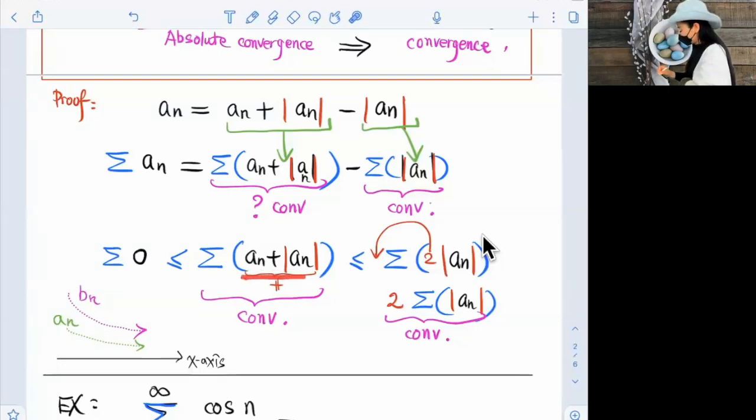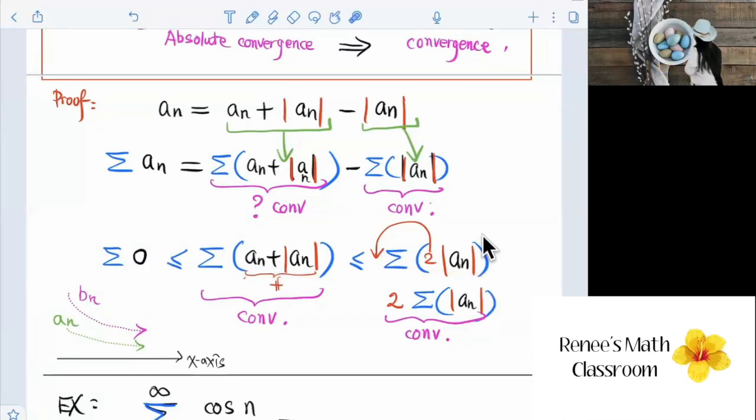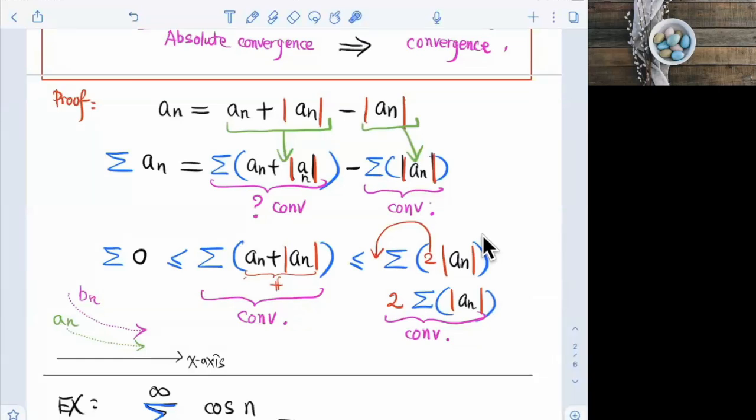So we're going to think about this one here bounded above by this, bounded below by this. This one plus this one is always positive, right? This is always greater than zero. And now if you replace this one here by the absolute value, this one certainly is less than or equal to 2 times the absolute value over here.